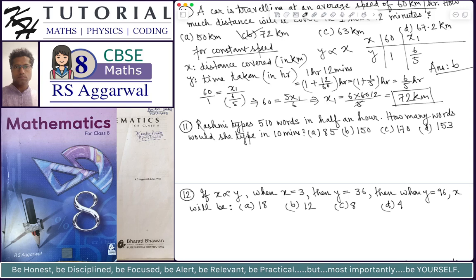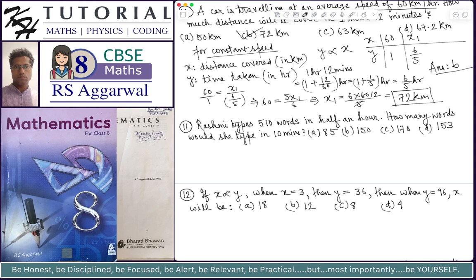Now, if you consider the quantities number of words typed and the time taken, these two quantities are directly proportional to each other, keeping in mind that the typing speed is constant, that is, the number of words typed per hour or per minute is the same, it is not changing.